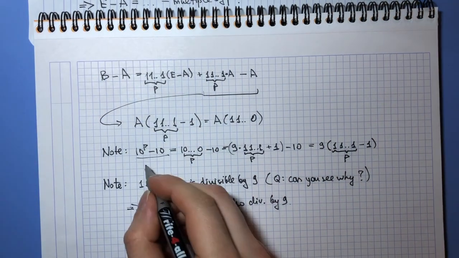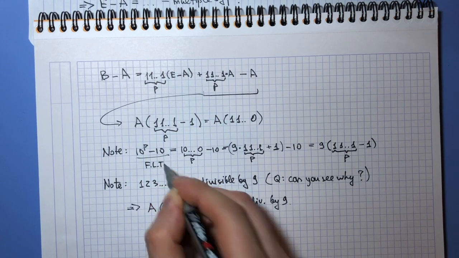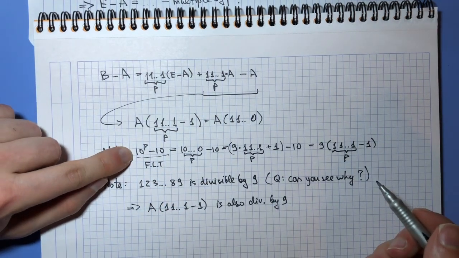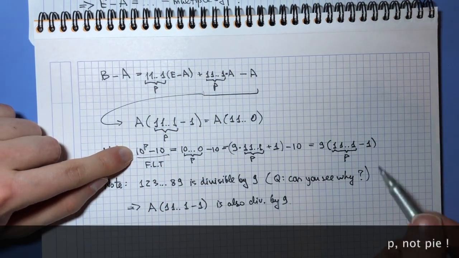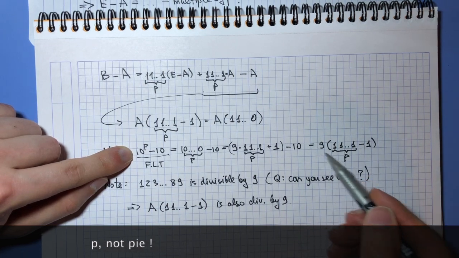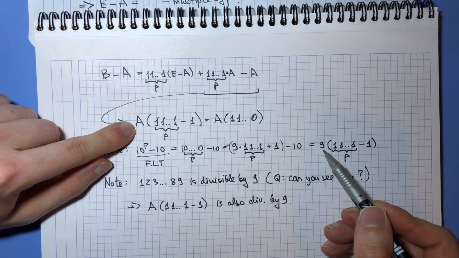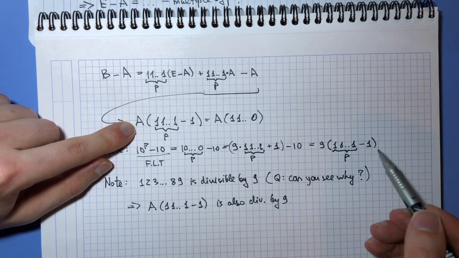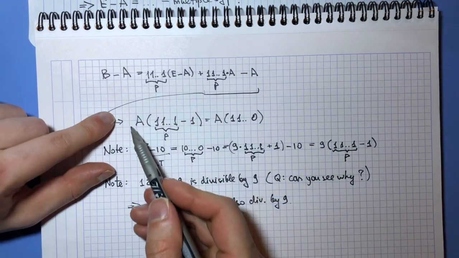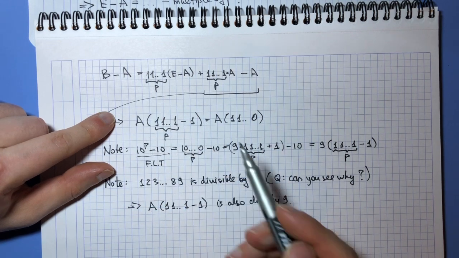Here, by Fermat's little theorem, we know that this is a multiple of p, and then A divides 9. So actually this will be a factor of this multiple.